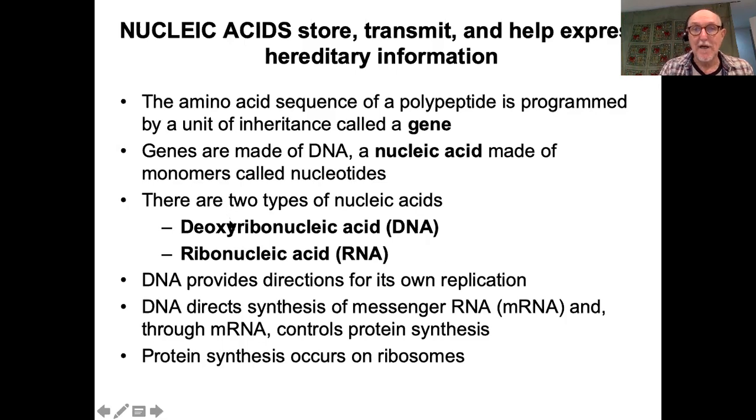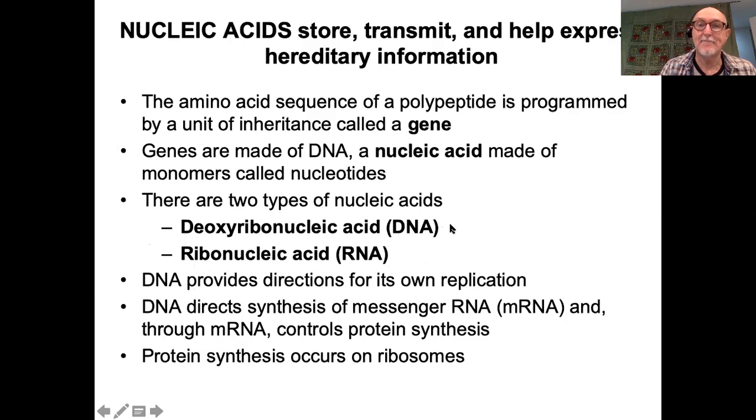So we have two kinds of nucleic acids in the cell that we're going to talk about. The first is deoxyribonucleic acid, DNA. The second is the nucleic acids which function inside the cytoplasm, and those are the RNAs. There are several of them, but it's ribonucleic acid.